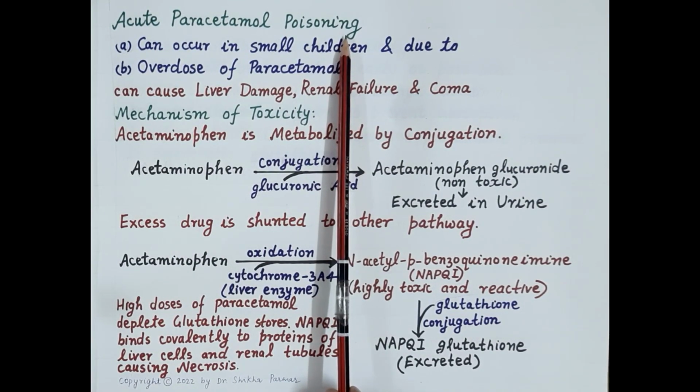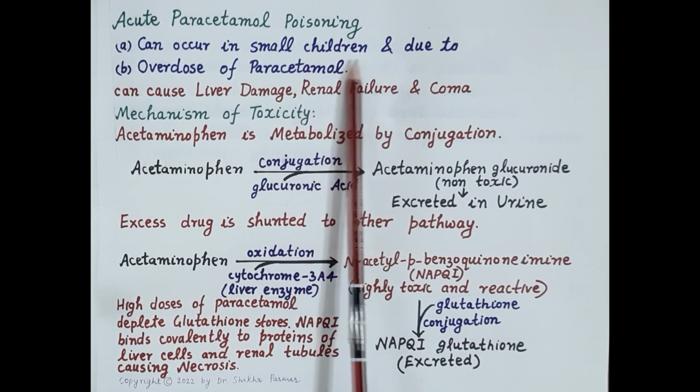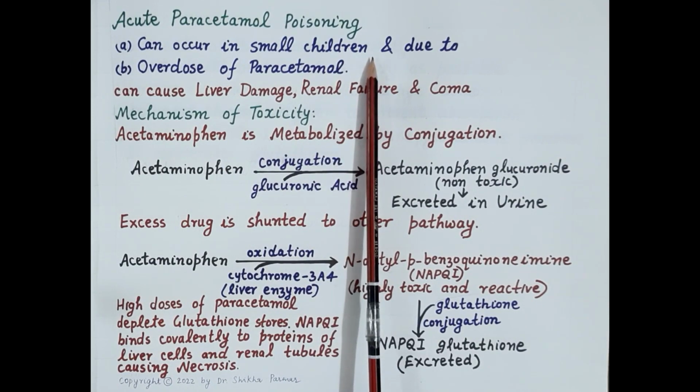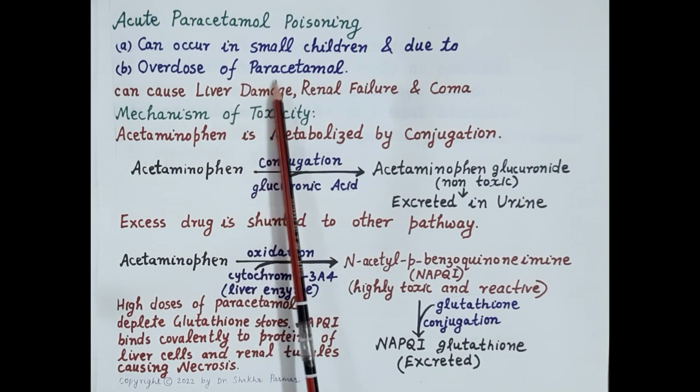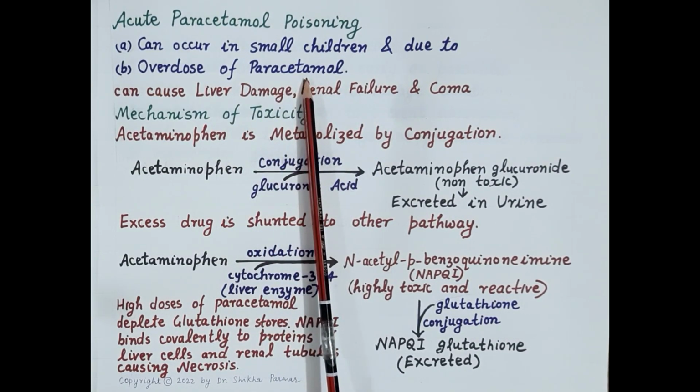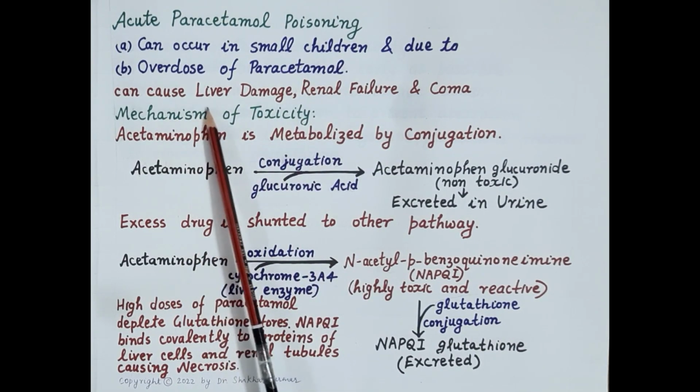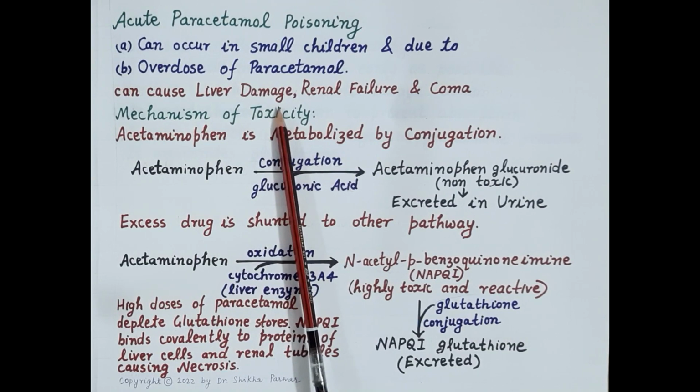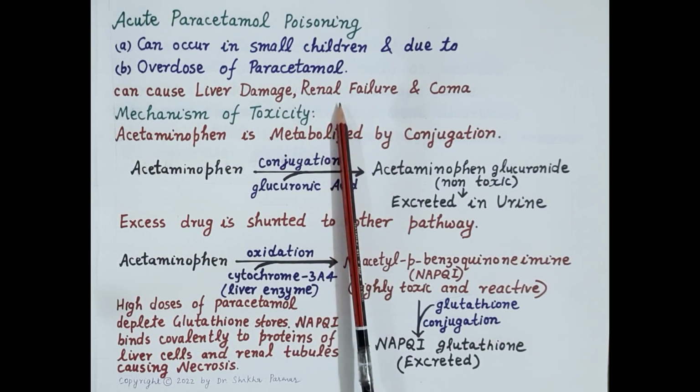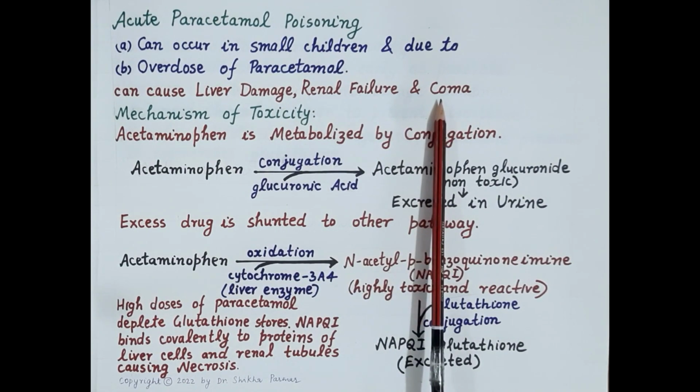It can occur in small children, as liver function in children is not very well developed. So if paracetamol is not completely metabolized and excreted, it can cause toxicity in small children. In addition to this, overdose of paracetamol can cause toxicity in adults also. Paracetamol toxicity can cause liver damage and renal failure. Patient can become unconscious and can reach coma.